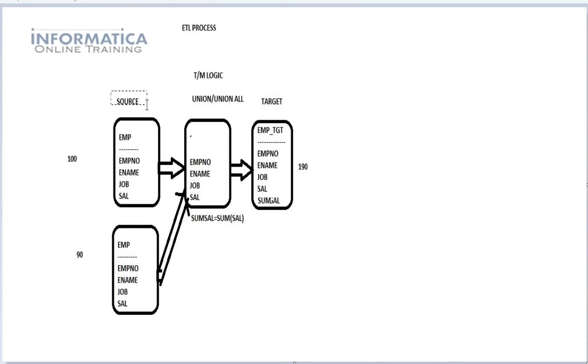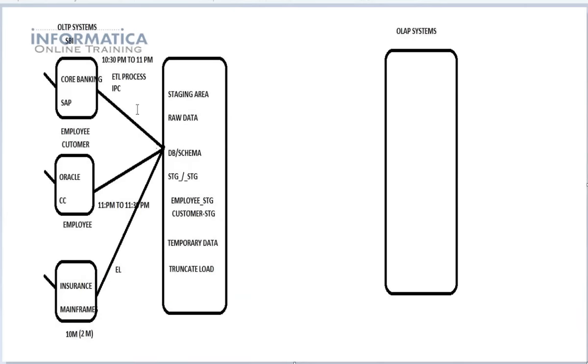But the transformation logic is optional, meaning not every ETL process uses it. If you observe this staging area, you are not using any transformation logic. You just extract the information and load it into the staging area.